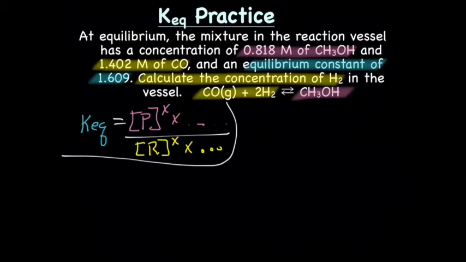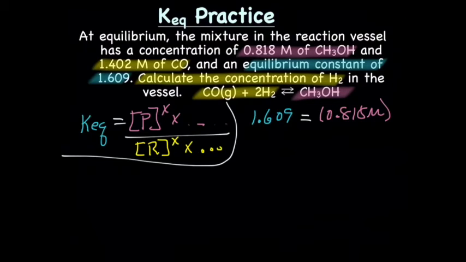So if we start with our equilibrium constant, we have 1.609 equals the concentration of our products. In this case, there's only one product, which is 0.818 molar.